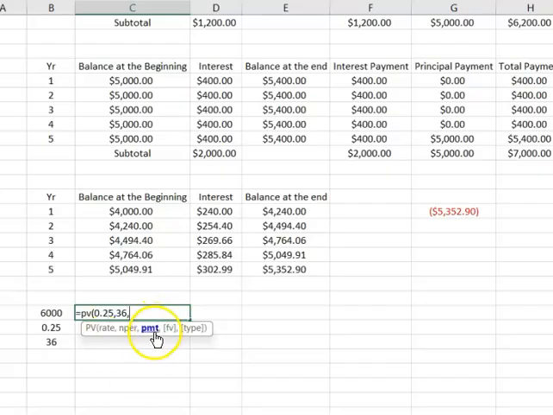And please pay attention to how accurately this prompt or guide walks me through the next thing I need to input. Now it tells us the PMT is 0 because I'm not going to deposit any more money. How much do I want after all this? What is the future value? It is 6,000.